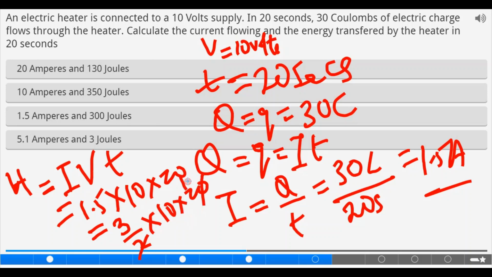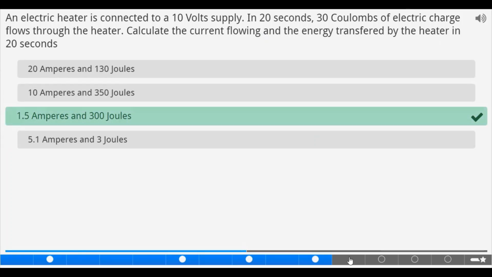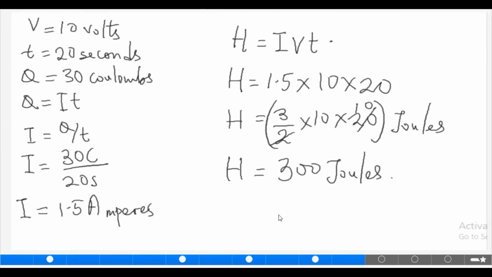That gives us 10 times 10, 100, 100 times 3, that is 300 joules. So our answer becomes 1.5 ampere and 300 joules. So let's click it and check. Now, this is also the breakdown of the calculation that I just did.